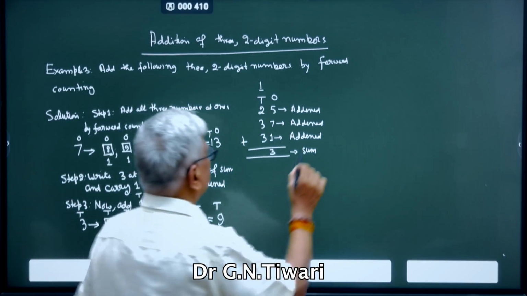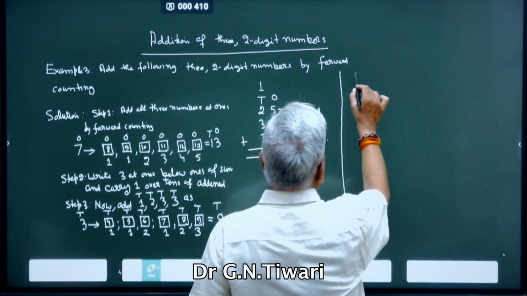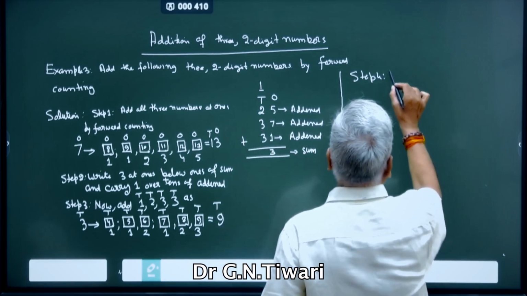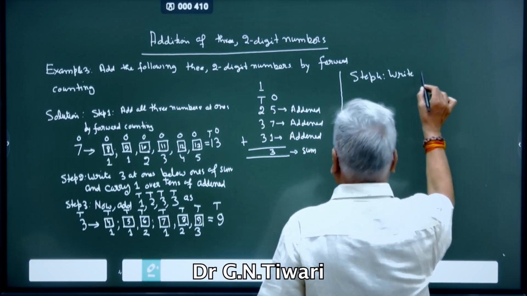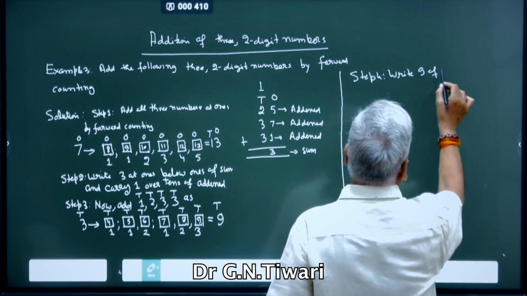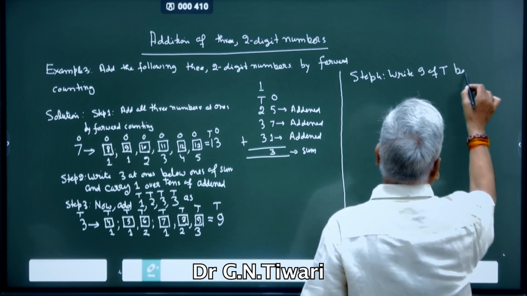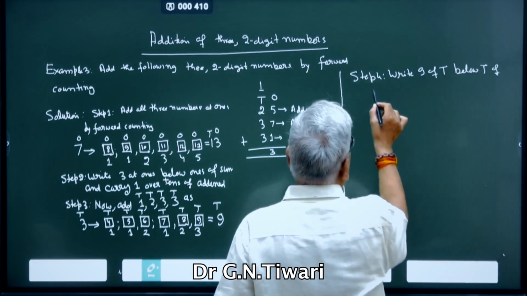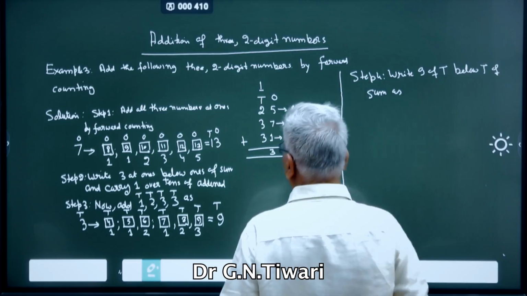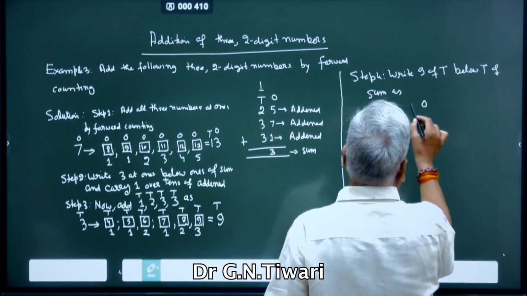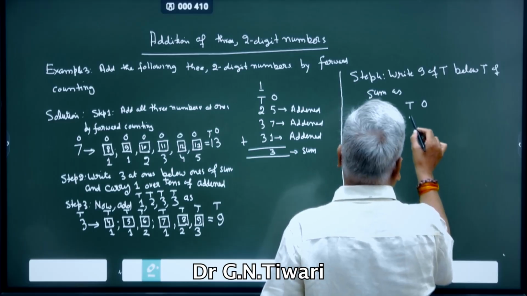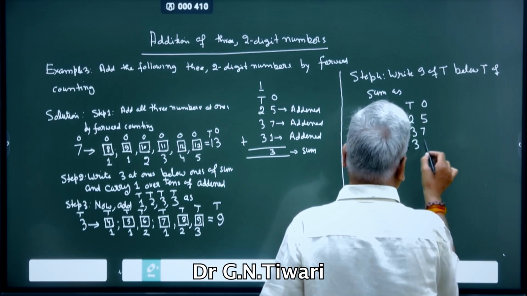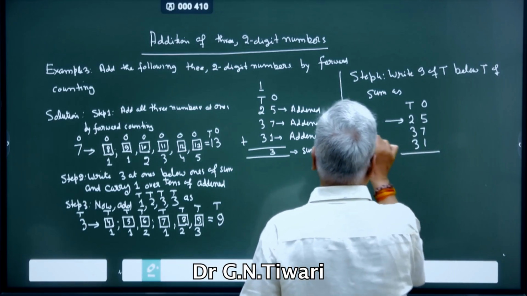Step 4. Write 9 of T below T of sum. Again write O T, here 25, 37, 31. Here it is addend.